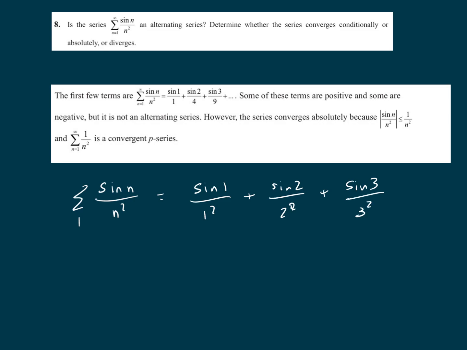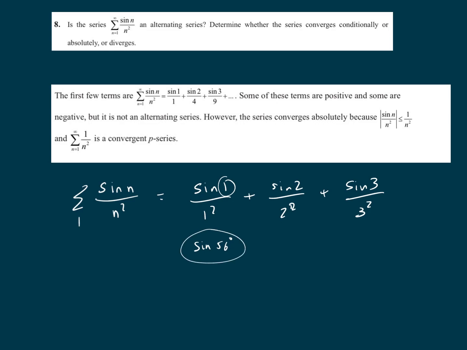Is this an alternating series? Well, sine of 1 is sine of something like 56 degrees, because it's 1 radian, and this is positive.